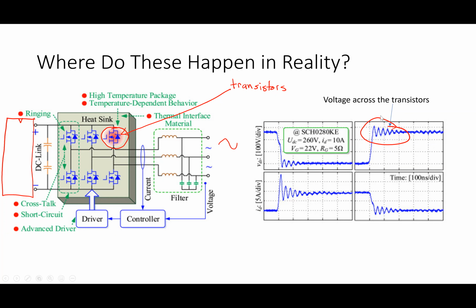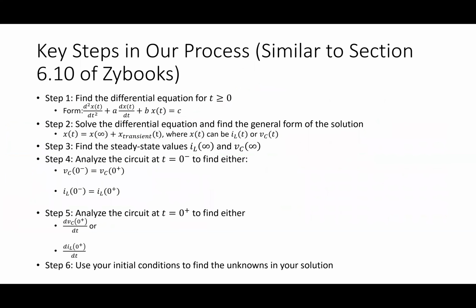So understanding how to deal with switches and these dynamic transient behaviors is really important. To continue with where we were the other day, what you really care about is how I get to solutions to the problems that we give.